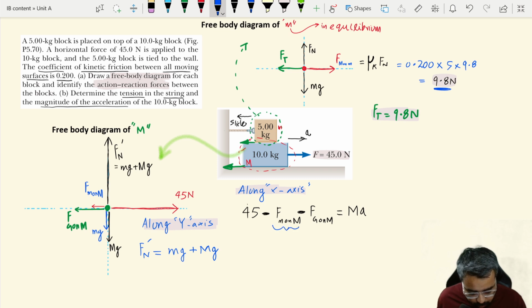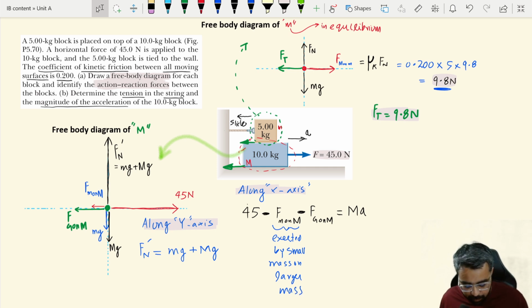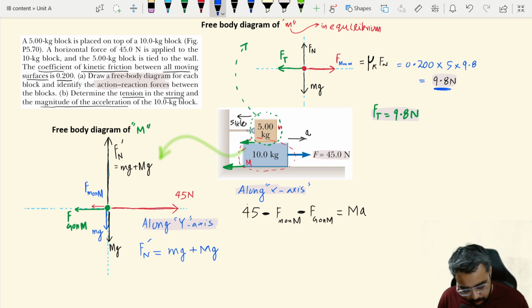This is the force of the small mass on the larger mass, and we had already calculated its value. So 45 minus 9.8 Newton, minus another force, which is also a force of friction. And what is the general formula of the force of friction? That is mu d Fn prime, the coefficient of friction times the normal force.